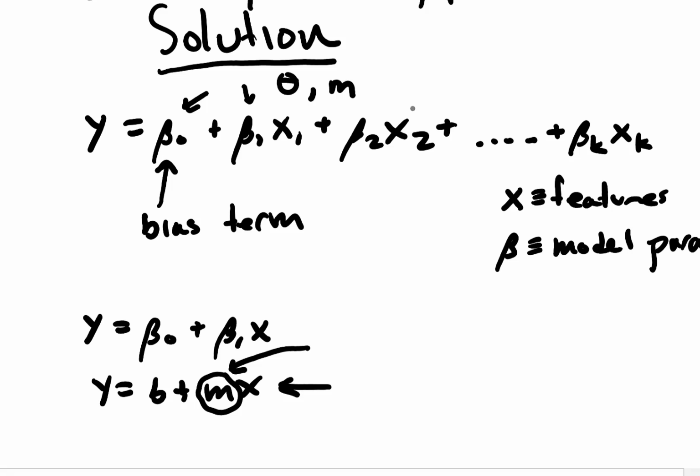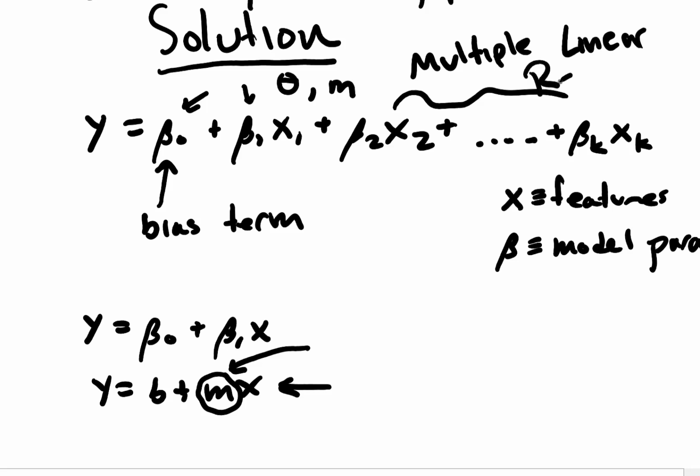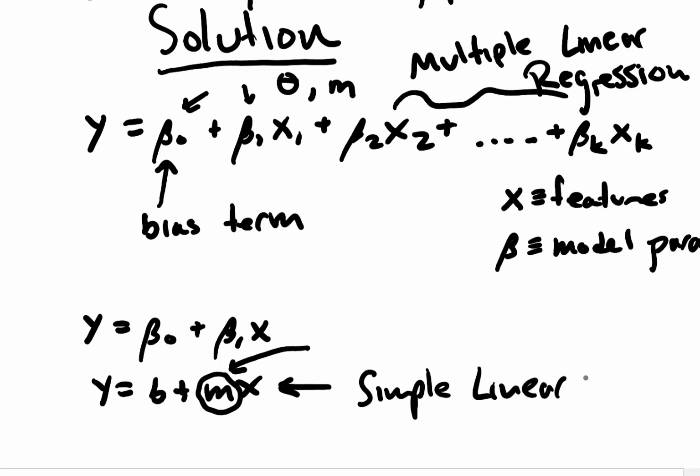So I'll just specify. This equation is the multiple linear regression equation, and this is if you have multiple features. And this is the simple linear regression equation, and this is if you just had one input feature or one independent variable.